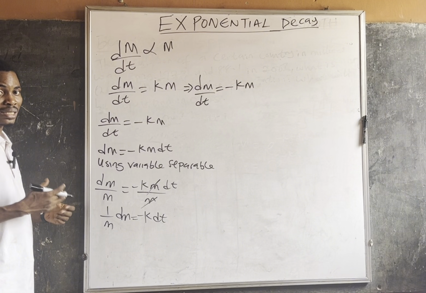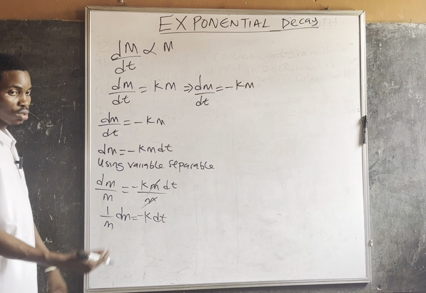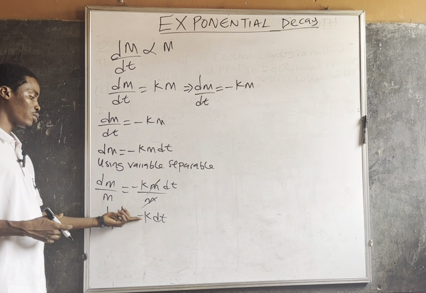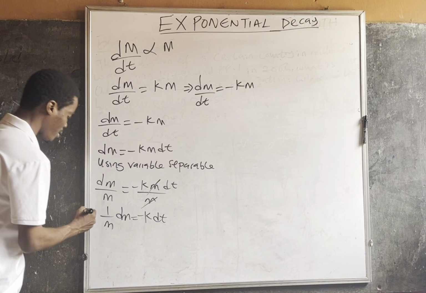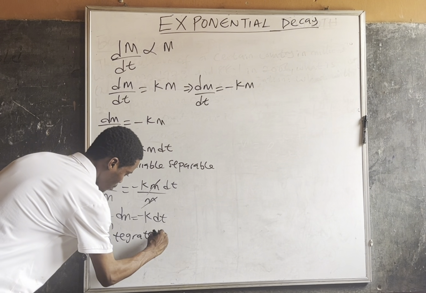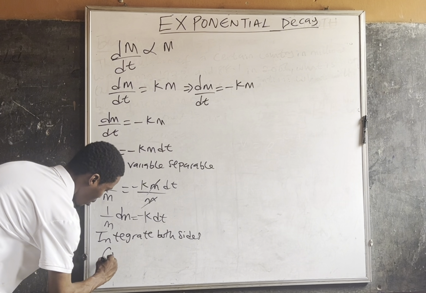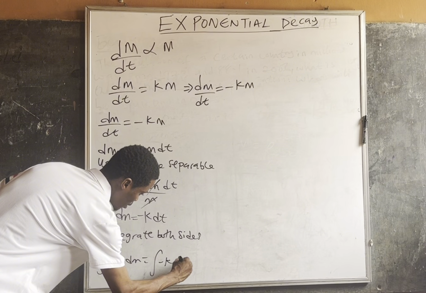We have to put our integral sign. If you integrate 1 over m with respect to dm, what are you going to get? If you integrate minus k with respect to dt, what are we going to get? So let's apply our integral sign and integrate both sides: integral of 1 over m dm equals integral of minus k dt.